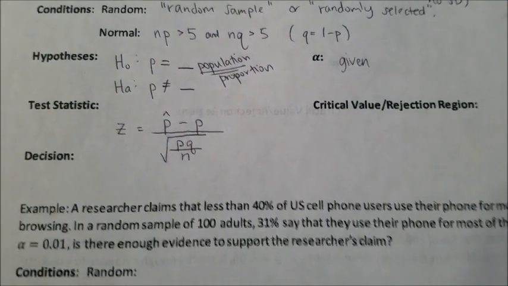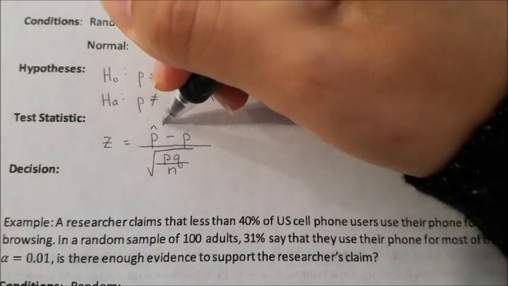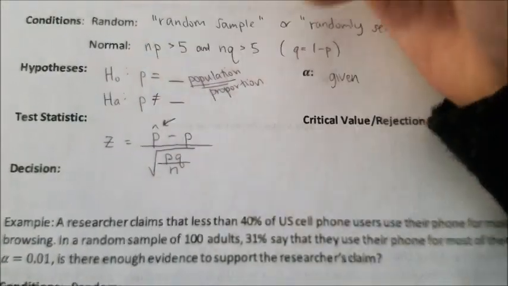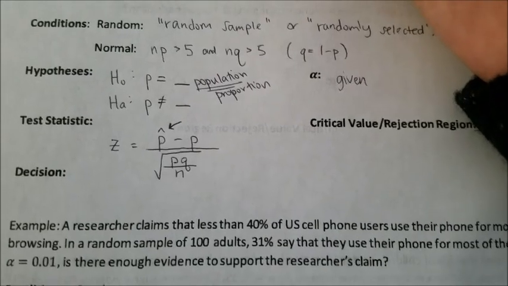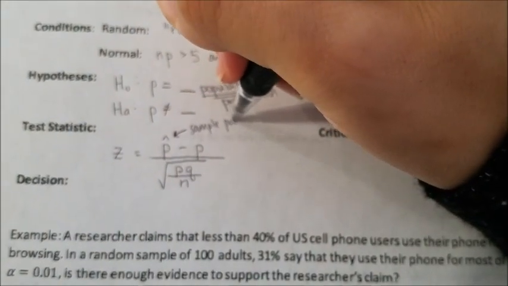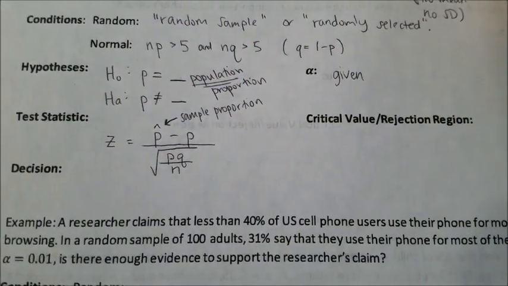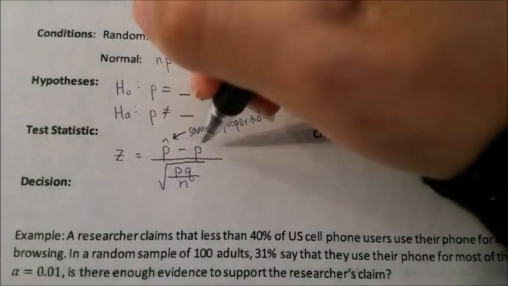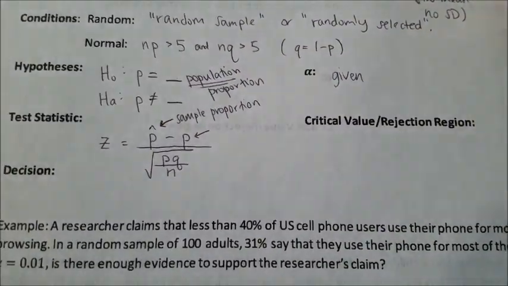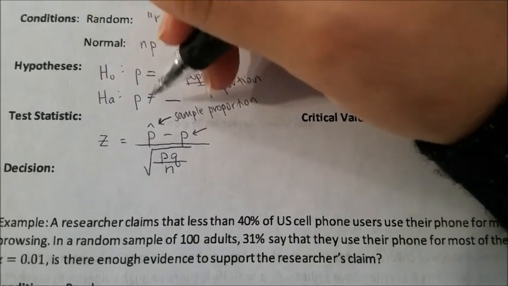Okay, so let's talk about some of these symbols here. This P with a little hat on top is read as P hat. This is our sample proportion. So that has to be the number that came from the sample. Regular P is your population proportion, whatever we used in H0 HA.